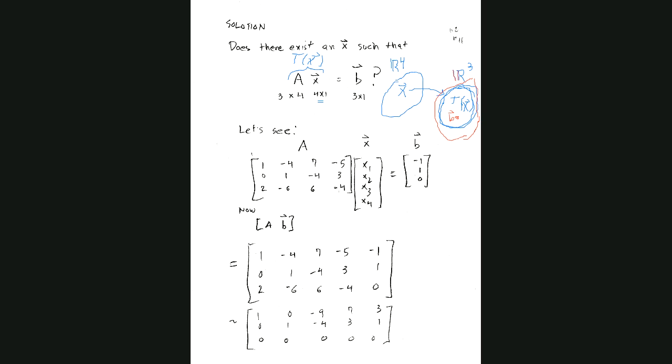I want to make sure you're getting the context right here. We all agree that if we take a vector x in R4 under this transformation, it's going to be mapped into some subspace of R3. Are we okay with that?